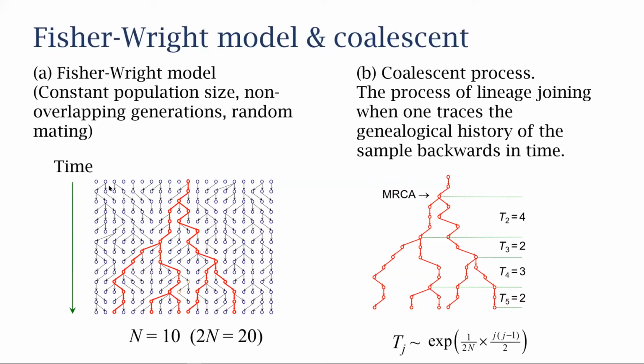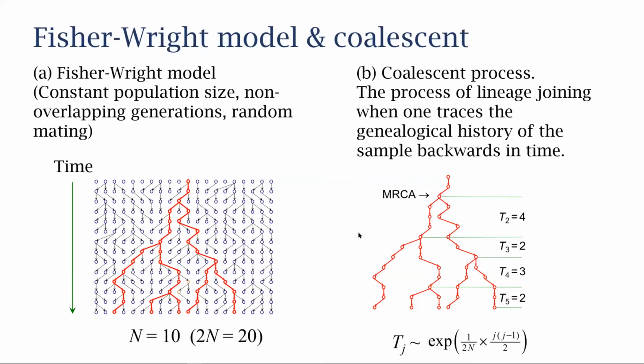The simple version just assumes constant population size, non-overlapping generations, and random mating. So this is generation by generation. The coalescent was developed in the 1980s. It's the same process, but viewed backwards.